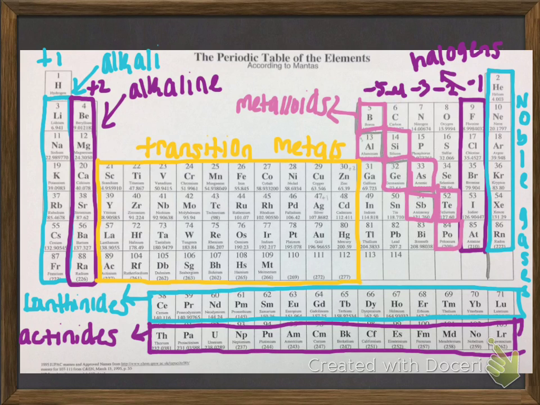Moving further to the right, we have the -1 column, which is called the halogens. And moving even more to the right, the noble gases. Moving down, you have the lanthanides and the actinides. So this is what the labeled periodic table would look like to help you distinguish between all of the different classifications and charges.